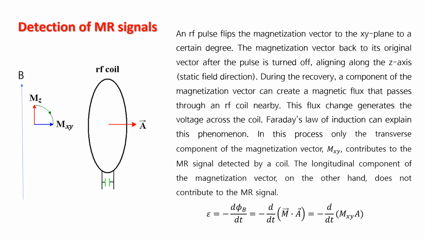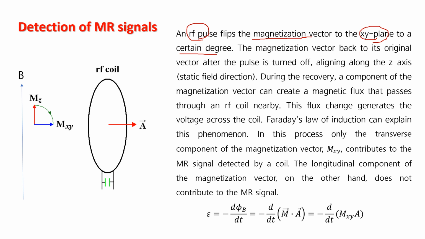An RF pulse flips the magnetization vector to the XY plane to a certain degree. So it depends on what kind of pulse is used. If we use a 90-degree pulse, then the longitudinal magnetization will be flipped to transverse magnetization.